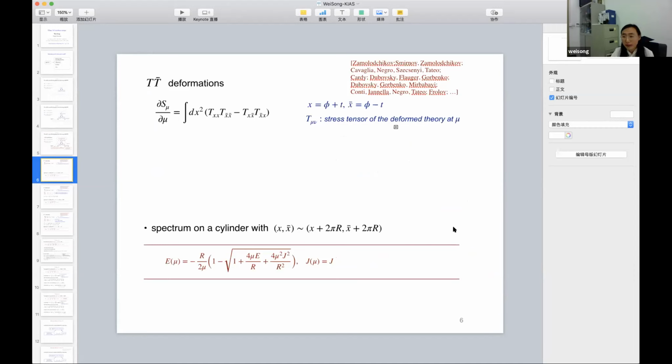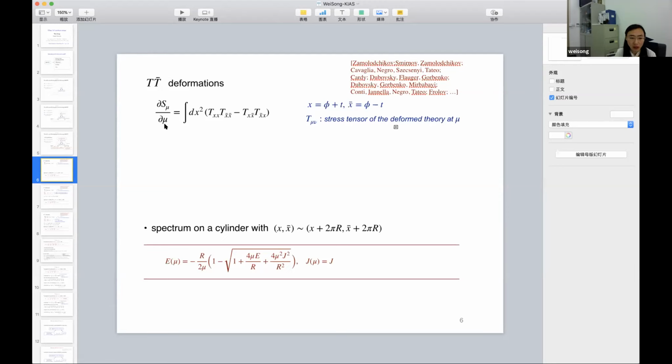So a TTbar deformation can be described by such a differential equation in terms of the deformed action. So S_mu, where mu is a dimensionful deformation parameter, and the deformed theory depends on the deformation parameter. And we can take the derivative of the action with respect to the deformation parameter mu.